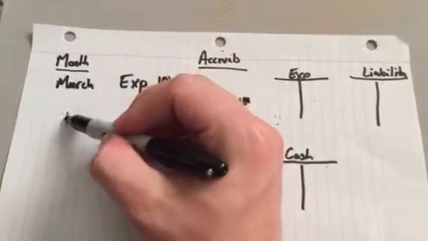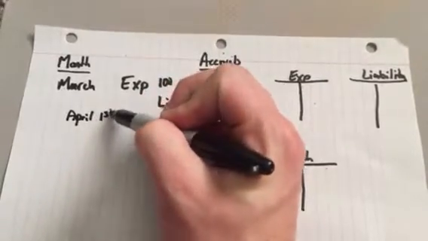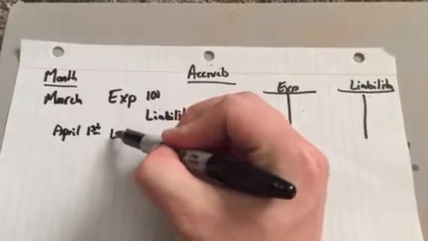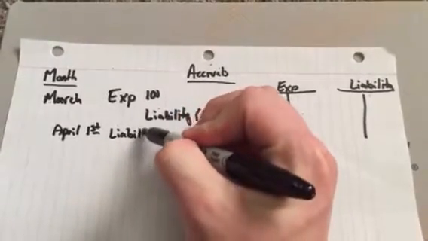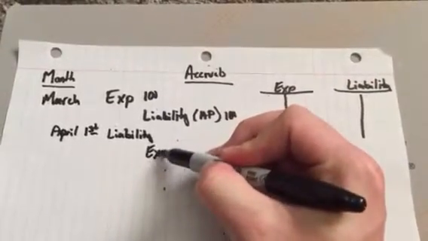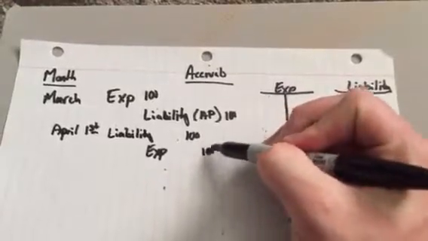So on April 1st, we're going to reverse this entry out with a debit to liability and a credit to the expense of the same amount.